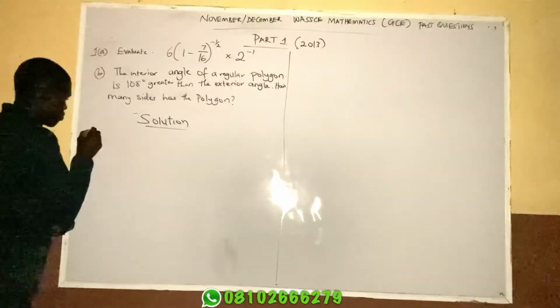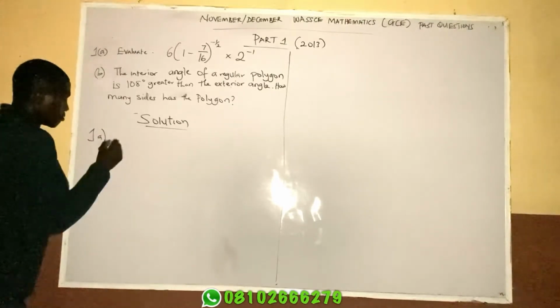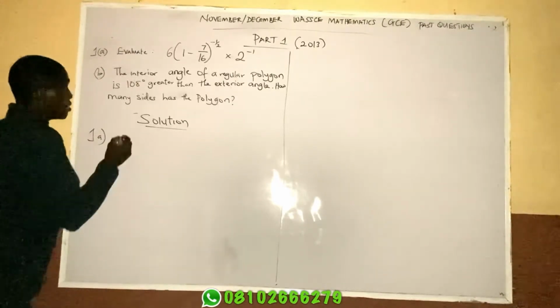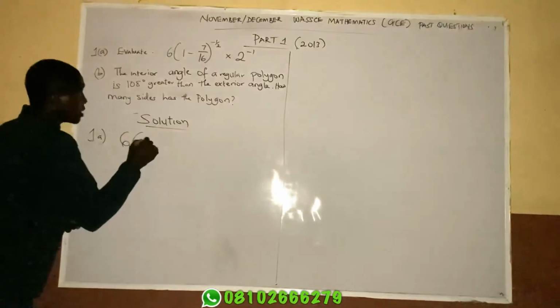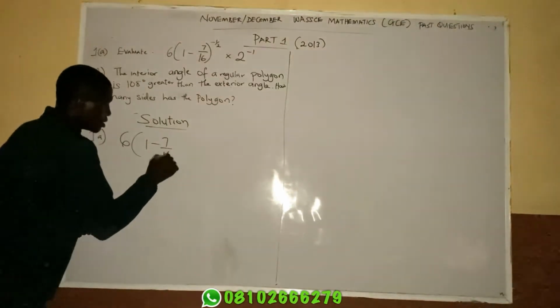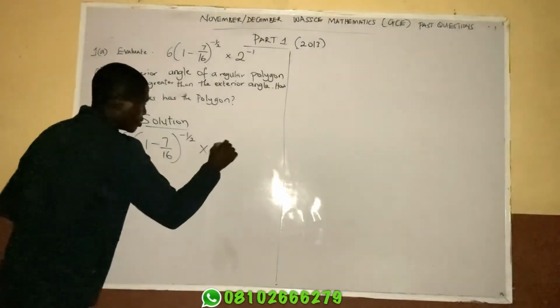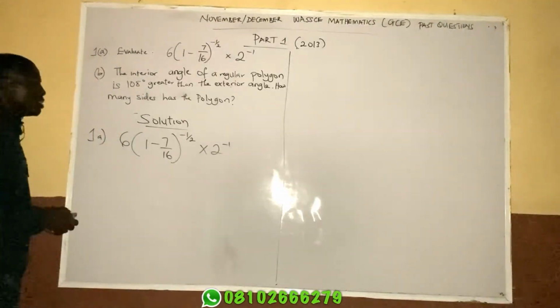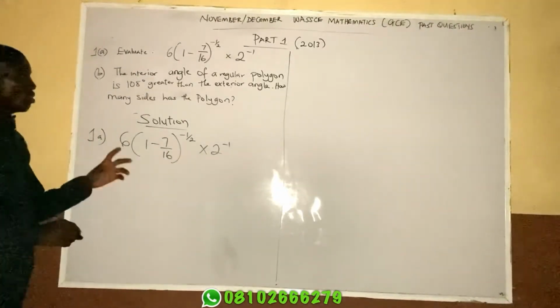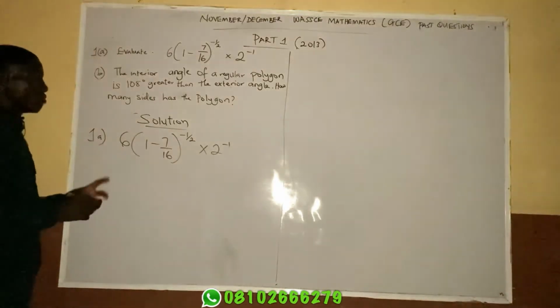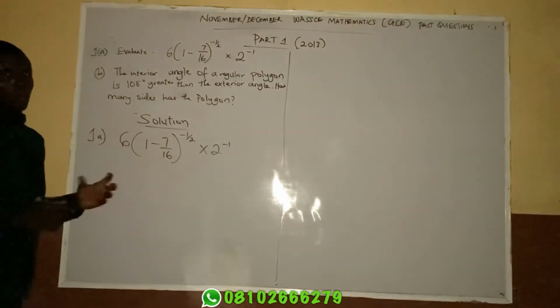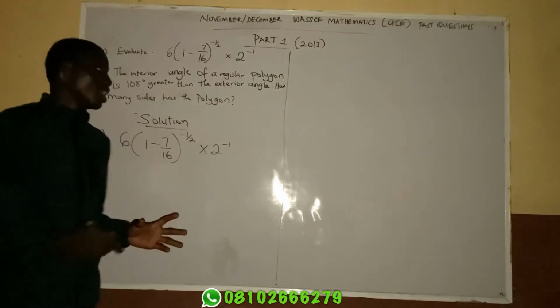We have 1a: 6 into brackets 1 minus 7 over 16 raised to power minus half, times 2 raised to power minus 1. This question is basically on the rule of indices, and we also apply the principle of BODMAS along the way.